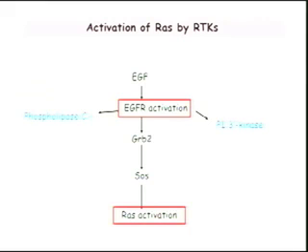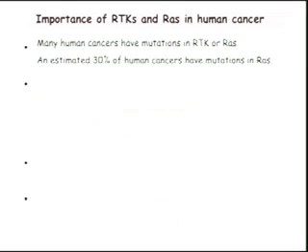But these two are the key catalytic components of the pathway so far, and therefore they are the key targets of human cancer mutations. So this receptor tyrosine kinase pathway is very important for regulation of cell growth, and in human cancer, cancer is essentially the problem of cell proliferation out of control.